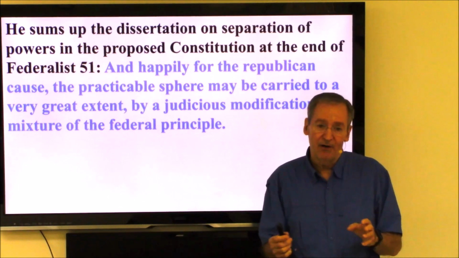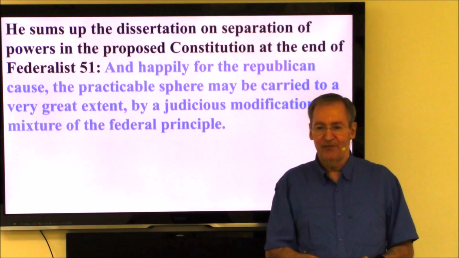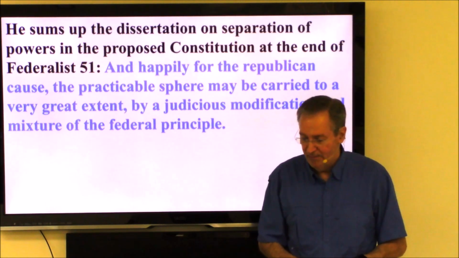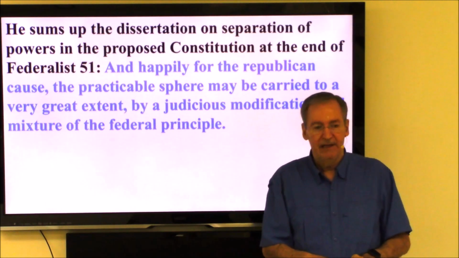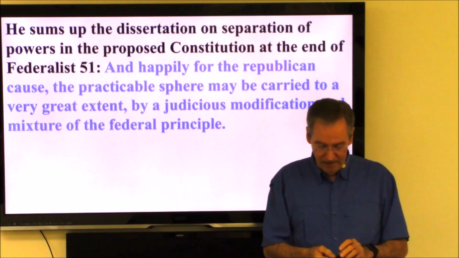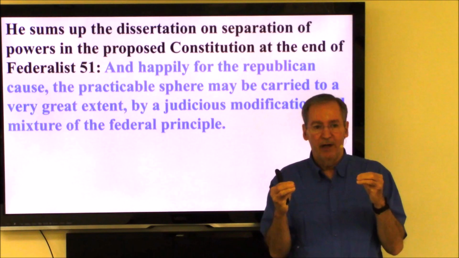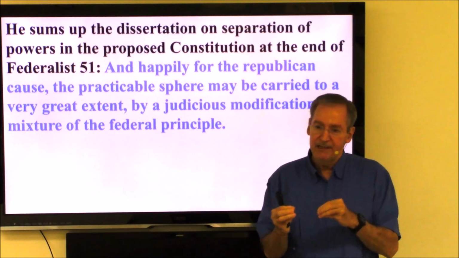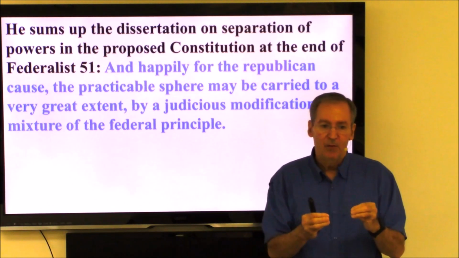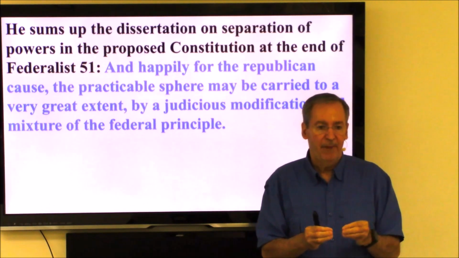And some of them still argue over it, some say they don't think it was this one or that one, but I think they got it pretty well down. But what he's arguing in all these is, we need a separation of powers.